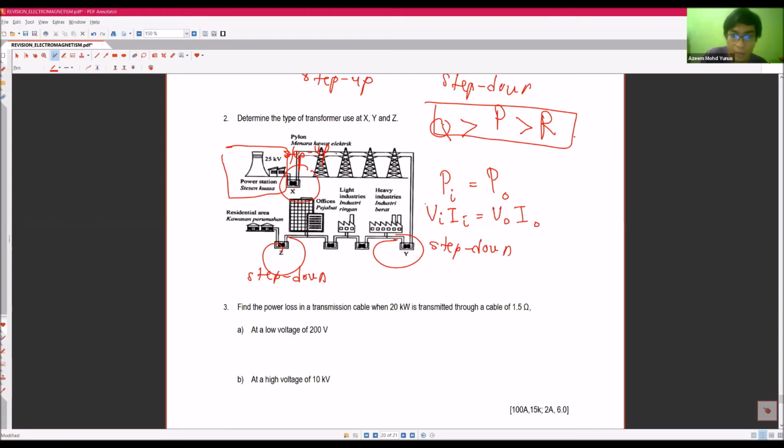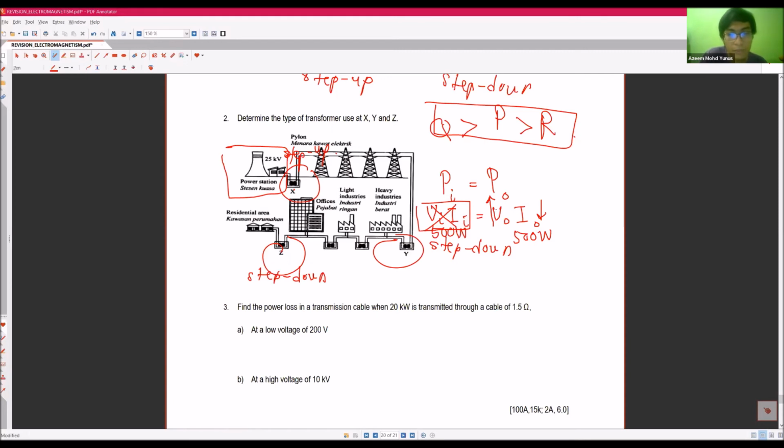So for example, if this is 500 watts, then the output must be 500 watts as well. But if we increase the voltage, that means the current is going to reduce in order to keep a constant 500 watts. So that's the first reason.